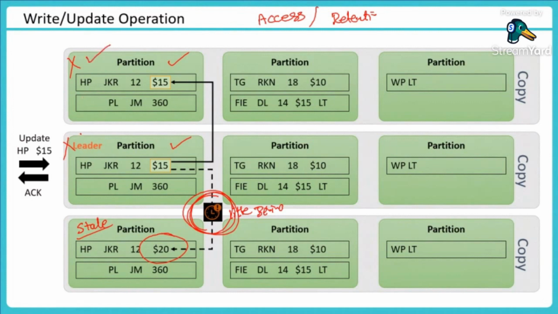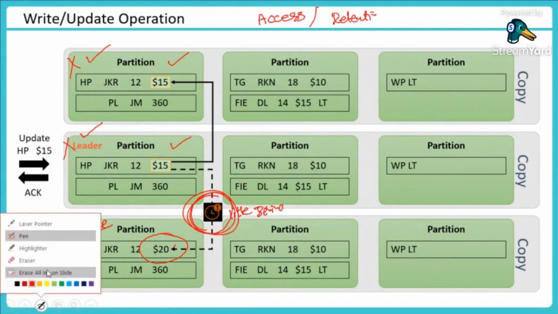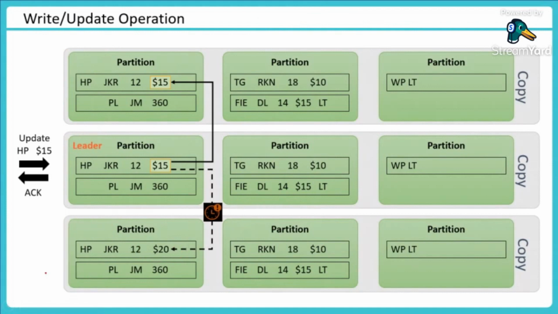When these copies become healthy again, they would push this change here and it would be updated. So data won't be lost. It may not be available at that very moment. So just be aware of the difference. Durability and availability are two different things. In case two availability zones go down, you would have availability lost, but durability would still be there, right?